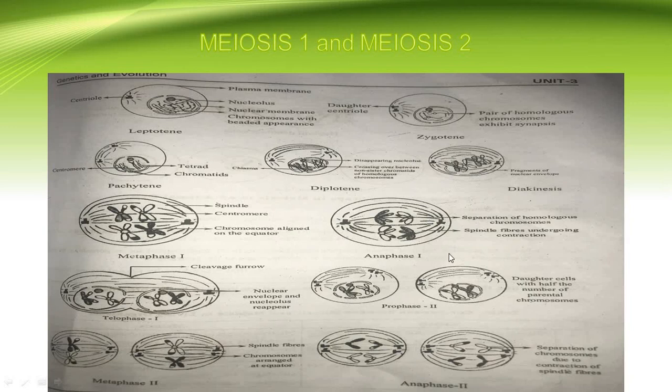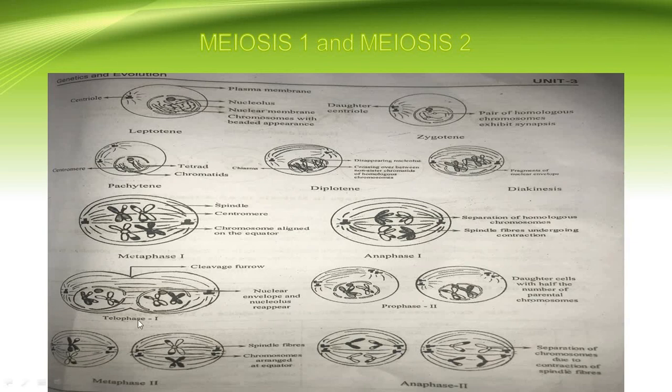Then in the anaphase, the spindle fibers will undergo contraction and the chromosomes will start moving away from the center, moving up towards the ends. Then we have the telophase.